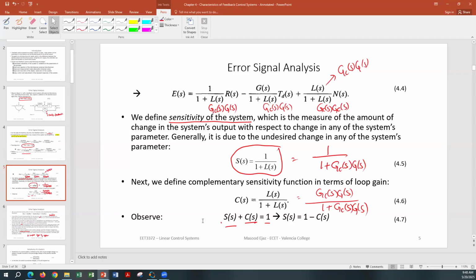We also define the complementary sensitivity in terms of the loop gain. If we add the sensitivity and complementary sensitivity, the result is one. That is, if sensitivity is increasing, complementary sensitivity is going to be decreasing, as we can see from equation 4.7.